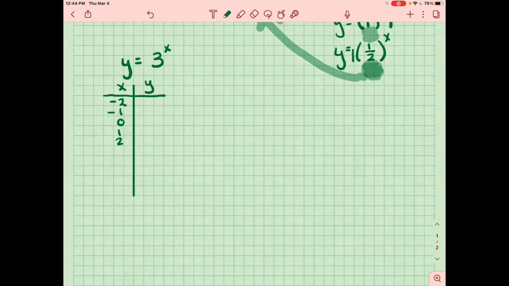Actually, let's go ahead and plug in a 1/2 for fun, and then a 1 and a 2. So if I plug in a -2, I get y equals 3 to the -2. What does that mean? Remember that a negative exponent just means put me in the bottom of a fraction. So this is 1 over 3 squared, which is 1/9.